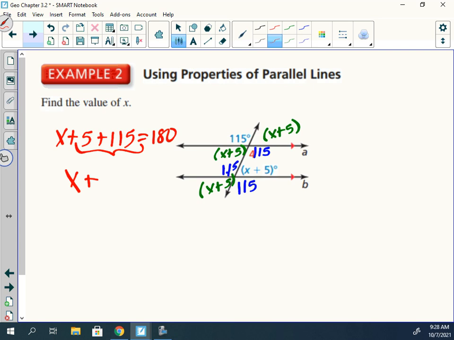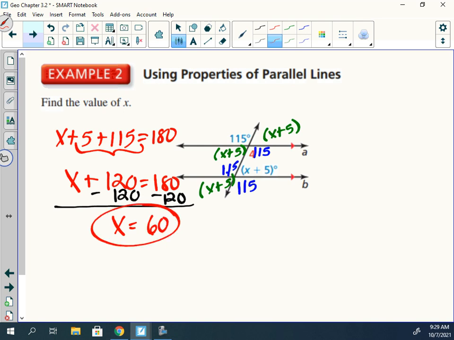Well, 115 plus 5 is? So x plus 120 equals 180. Now, if we finish solving it out and subtract 120 from both sides, 180 minus 120 is 60. X is going to be 60. And that's it.